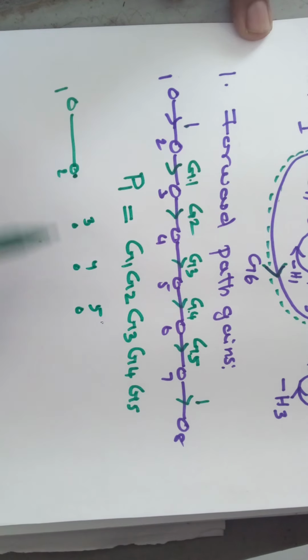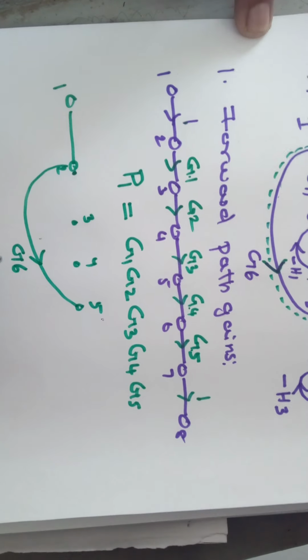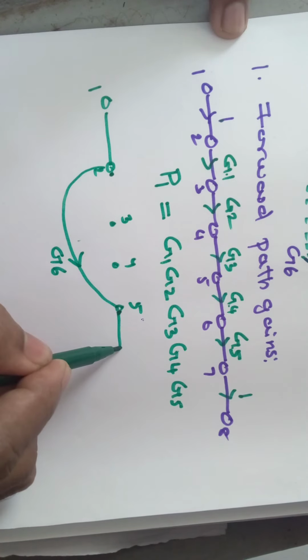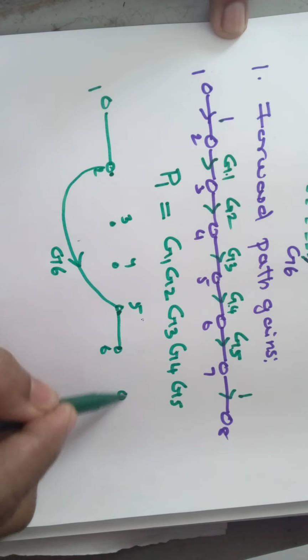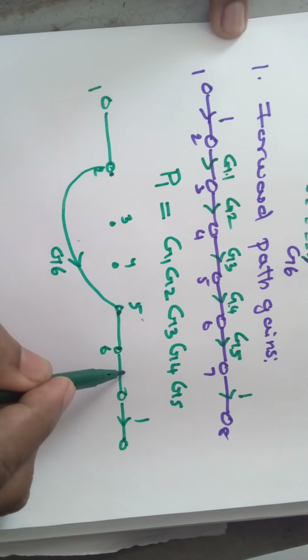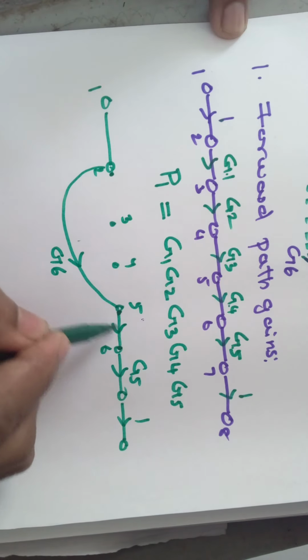So from 2 it reaches node number 5, and the gain at this branch is G6. Next 5 to 6, 6 to 7, 7 to 8, it reaches the output node. Here the gain is 1, 6 to 7 it is G5 and 5 to 6 it is G4.